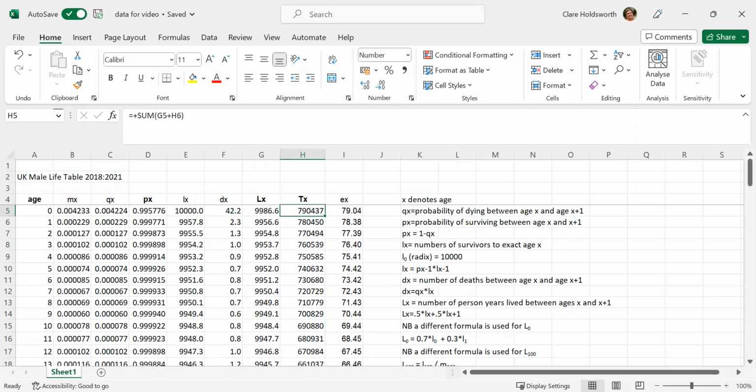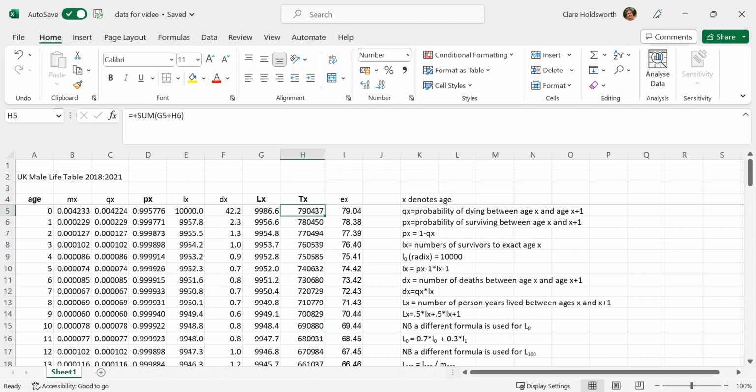And now we come to the TX column. And this is simply a sum of the LX column. It gives the total number of years lived from exact age X. So the first value here, T0, is the total number of years that someone will live from age 0.